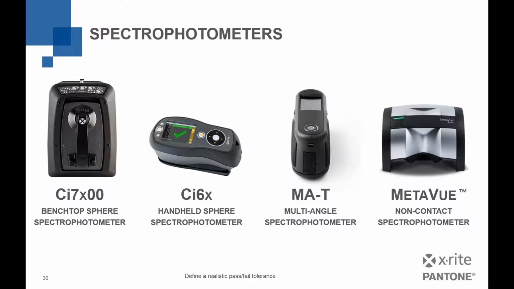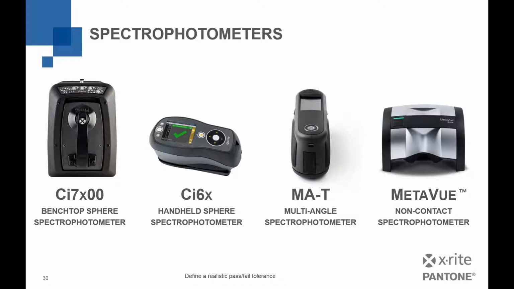Then a customer might want to use a sphere type instrument, but okay, the repeatability might be slightly lower, but they want the flexibility to take that instrument out to a customer site if a customer is arguing that some production pieces come in and it's not within their perceived specification.